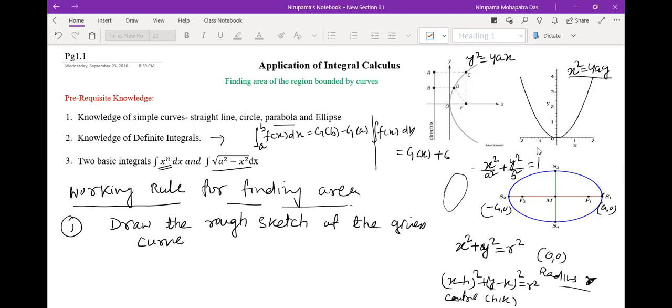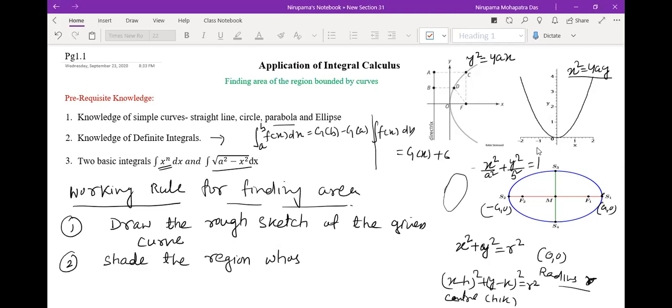The second step is to shade the required region, or the region whose area is to be calculated.